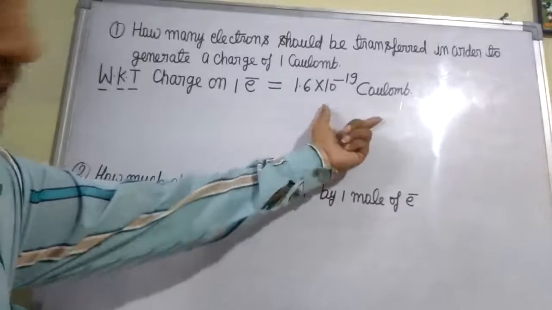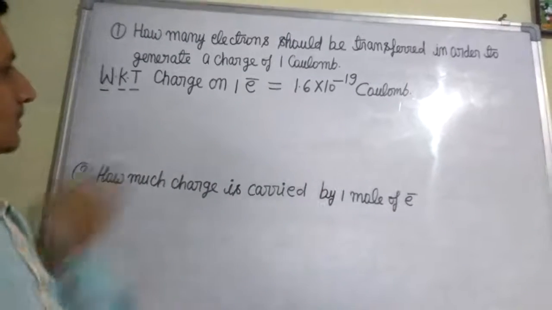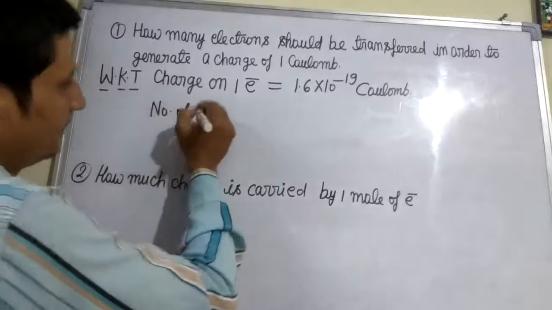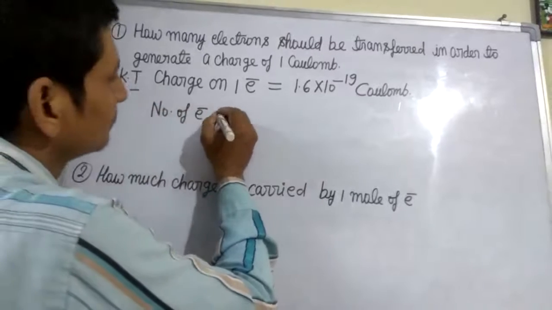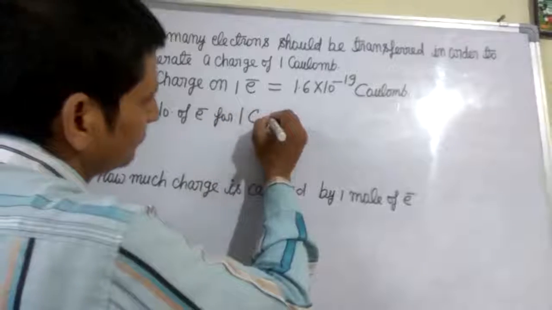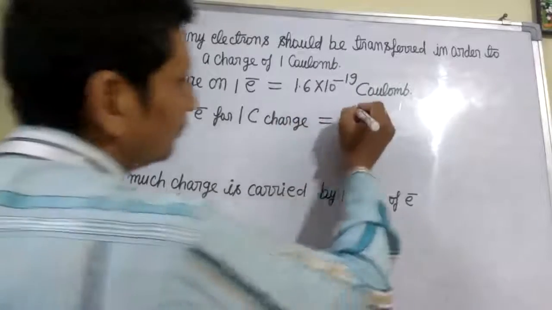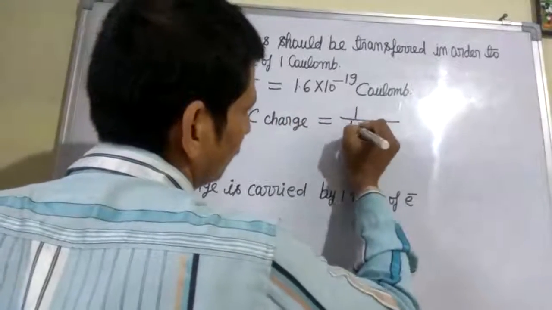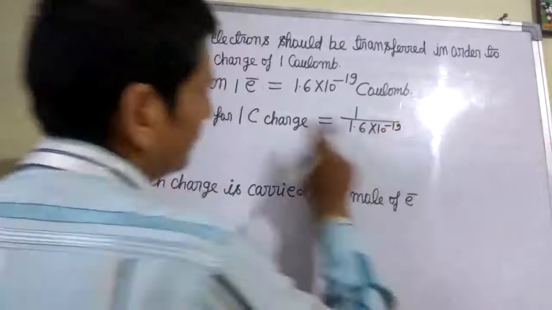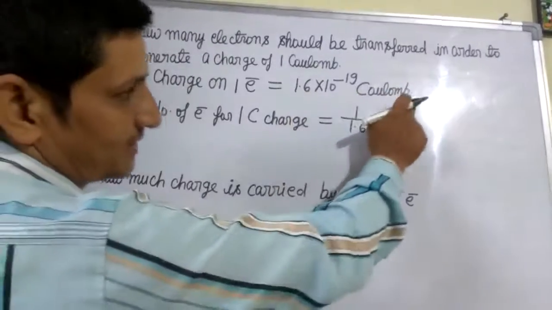So for 1 coulomb charge, the number of electrons is equal to 1 upon 1.6 into 10 to the power minus 19. This is given: charge on 1 electron is 1.6 into 10 power minus 19 coulomb.